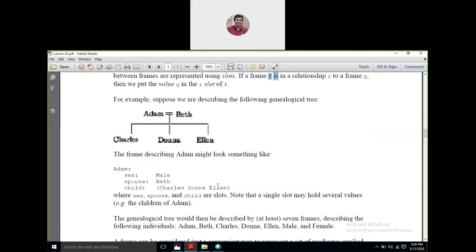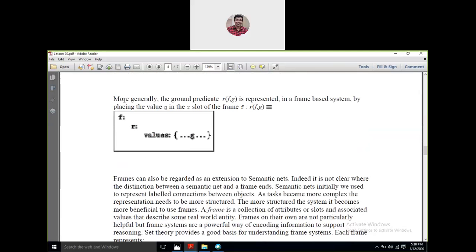इसको मैं बाद में दिखाता हूं, पहले आप ये वाला देख लो, this example. More generally, the ground predicate, that means a relation R of a frame F with a frame G, is represented in a frame based system by placing a value of G in the Rth slot of frame F. So how are we going to write it technically? इसको लिखने का तरीका ये है R F of G. That means दोनों frame को will be putting inside the braces, and the relation that establishes the relationship between the first frame and the second frame is outside this brace, right?